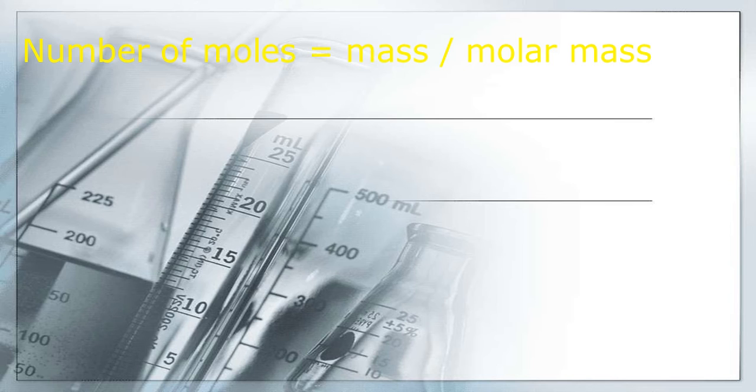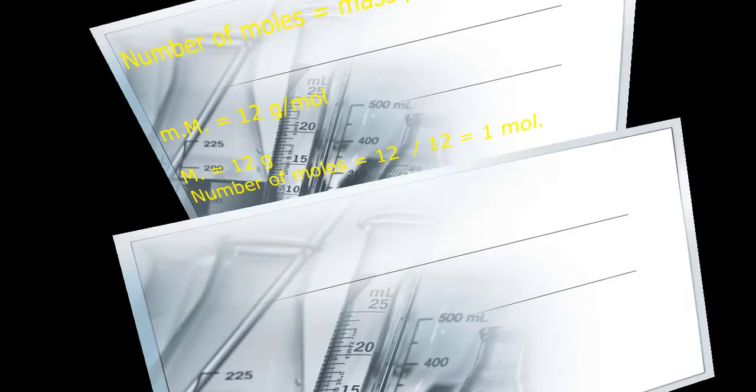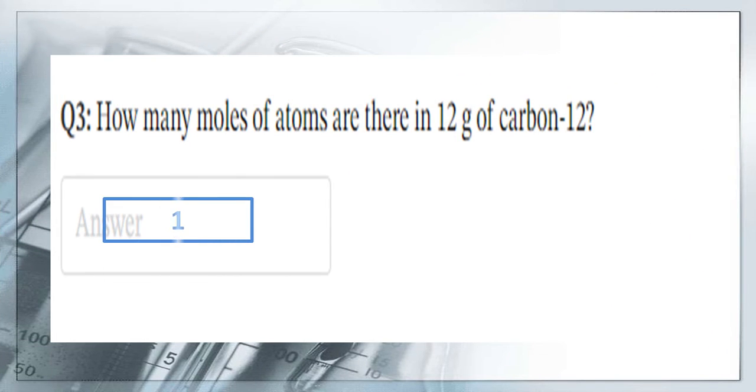So if we have the rule number of moles equals mass over molar mass, we said carbon 12 is an isotope and its molar mass is 12 gram per mole and its mass is 12 gram. So number of moles is mass divided by molar mass, 12 divided by 12, which will give 1 mole. So the answer of our question will be 1 mole.